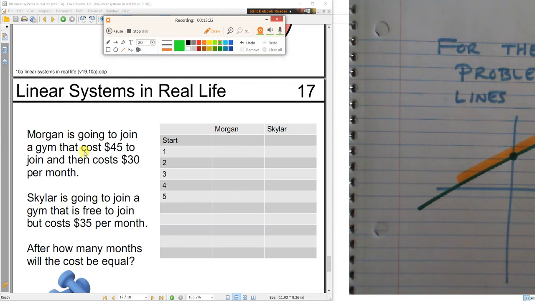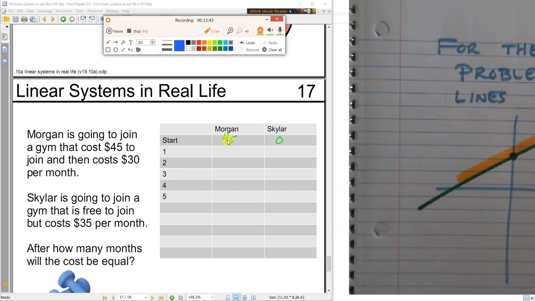Morgan is going to join a gym that costs $45. Ooh, my line is way too big. And Skylar's going to join a gym that's free to join.